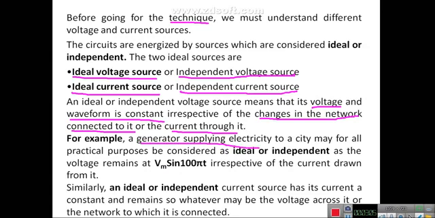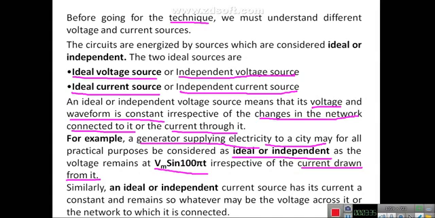It may for all practical purposes be considered ideal or independent, as the voltage remains at Vm sin 100t, a pure sinusoid having a constant magnitude irrespective of the current drawn from it.